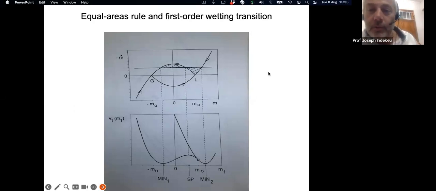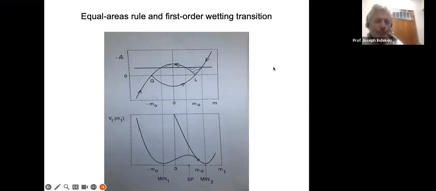So this is the first order wetting transition. Why is it first order? Because we experience here a jump in the surface order parameter value. From one minimum to the other minimum, the order parameter at the wall jumps.